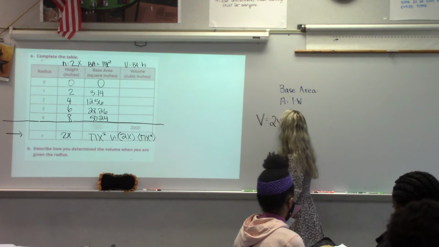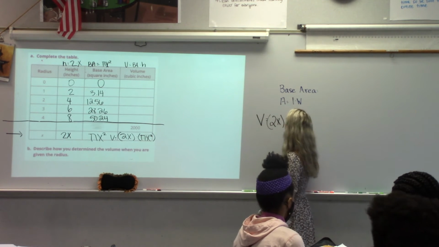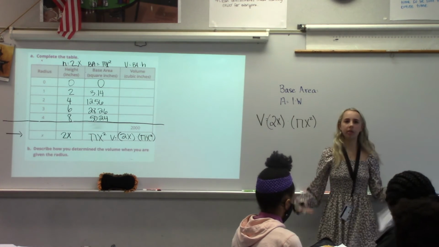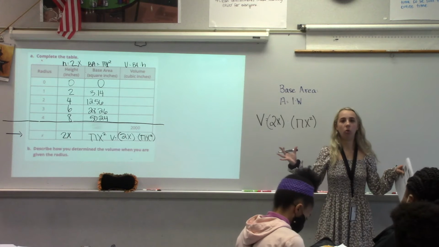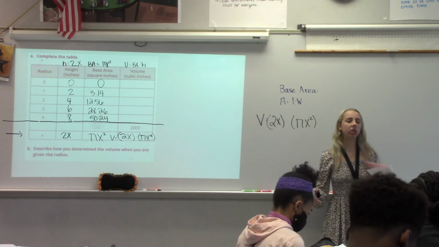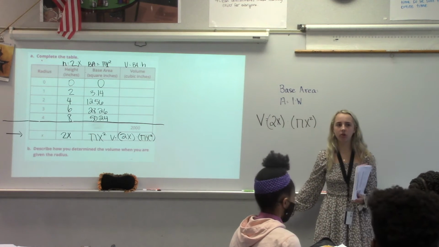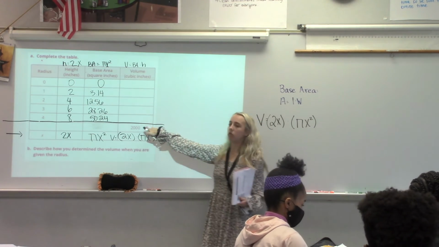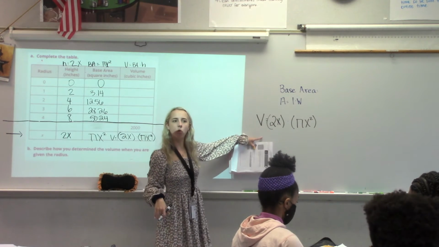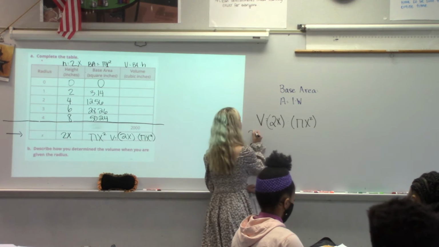So I'm going to go ahead and write our volume function right here off to the side. Because this is always how you want to start, with the information that you're given. So if we're going to work this algebraically, what information am I given? 2,000. Okay, so I'm going to substitute it in for what variable in my equation?